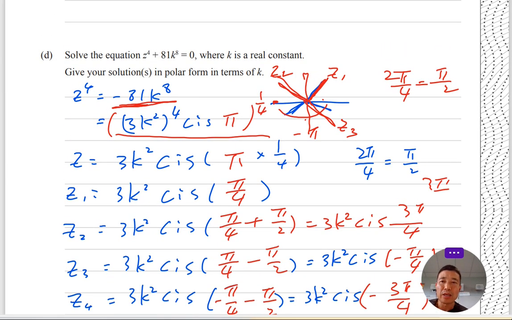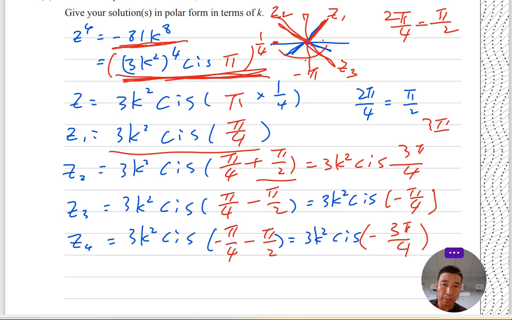First of all, you have to convert rectangular form to polar form, so that you can apply de Moivre's theorem to this equation. So z must be 3k squared CIS pi times a quarter. So that's the first answer. And then each time you add pi over 2 or take away pi over 2.